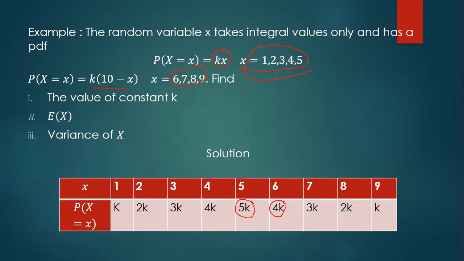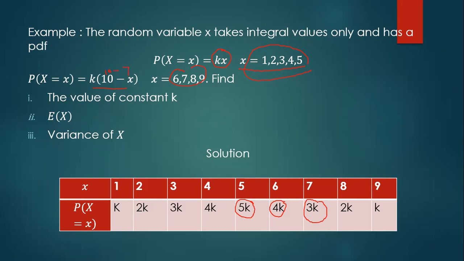Then when x is 7, we shall have 10 minus 7, and that would give us 3k. So when x is 8, that is 10 minus 8, which would give us 2k. And then when it is 9, it is 10 minus 9, which would give us the value of k.